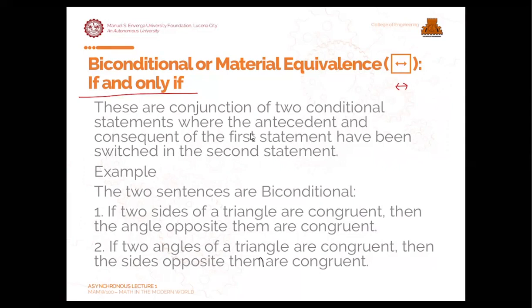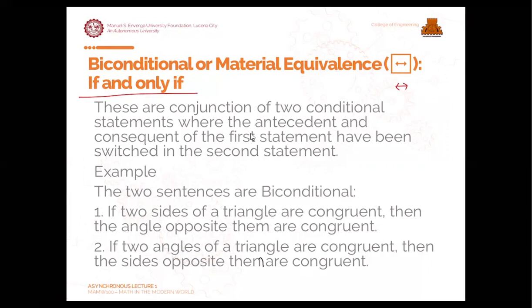Yung sa first sentence, ang pinag-usapan natin is yung sides and yung angles opposite them. Then, kapag yung sa number 2 is yung angles, then yung sides naman yung pinag-usapan natin.